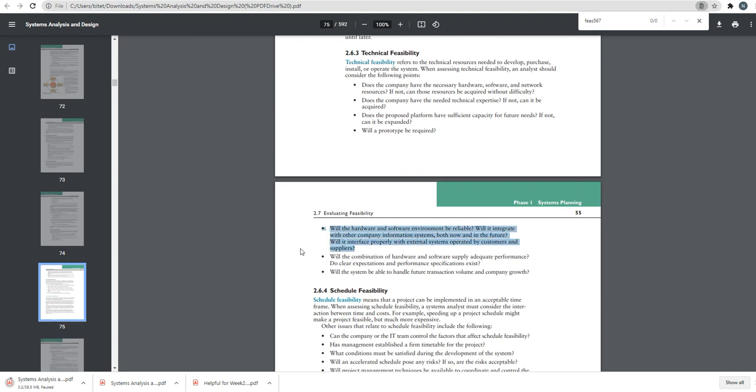Will the combination of hardware and software supply adequate performance? Do clear expectations and performance specifications exist? These are generic questions. Will the system be able to handle future transaction volume and company growth? If the company grows, the application requirements will grow, right? So whether it is suitable or not. We will be extending it so that if the organization gets 10 to 20% growth, the application will support it.